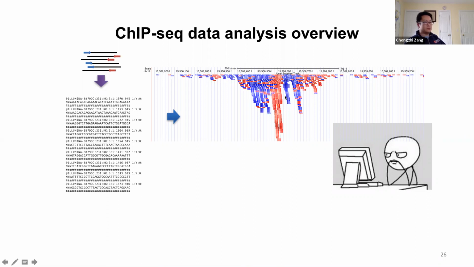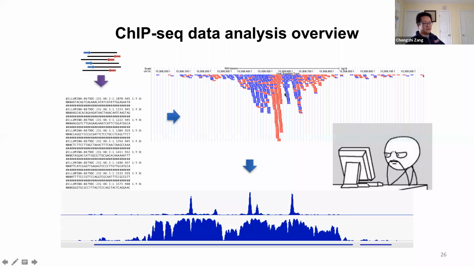We can see that in this part of the genome there are a lot of reads enriched, which could indicate that the protein we are interested in interacts there, perhaps at a binding site. But this type of direct alignment is not visually straightforward.